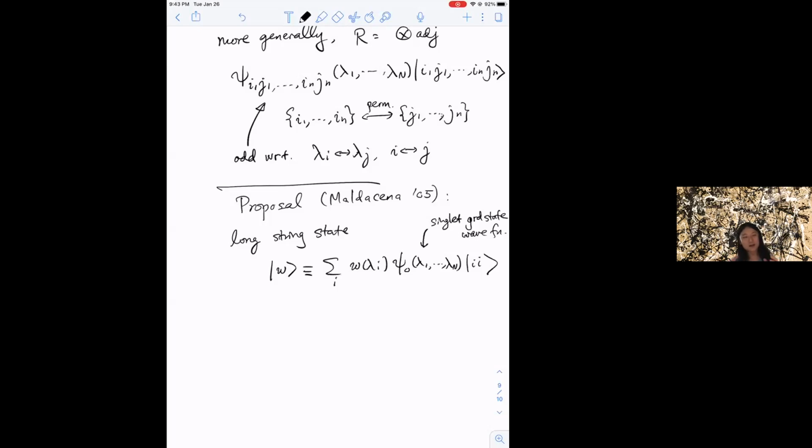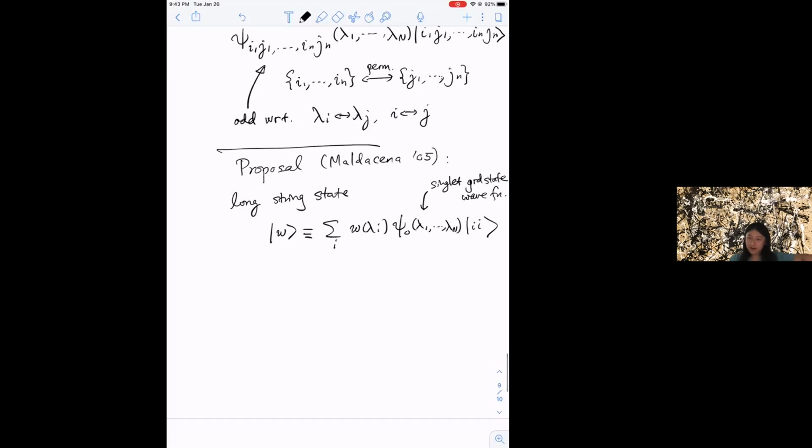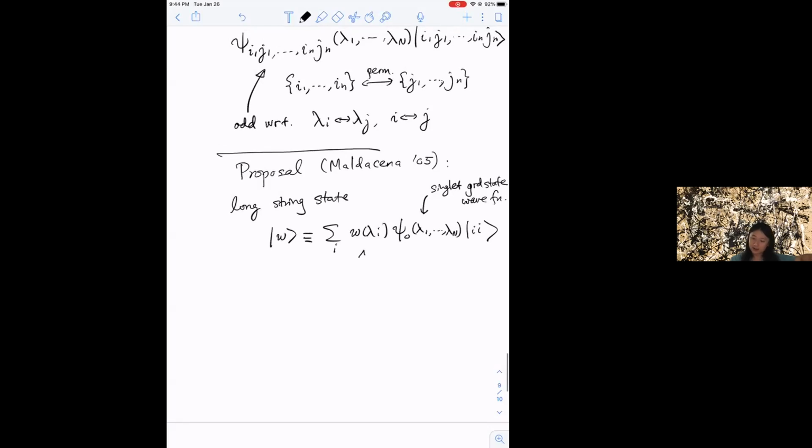I'm just going to take the same wave function, but now multiply it by W(lambda_i) and sum over i. This is a proposal. Let's try to check whether this can be an eigenstate with respect to the quote unquote free part, whatever part of the Hamiltonian dominates in the large density limit. And we're going to try to determine the function. Here, we're going to refer to this W(lambda) as the long string wave function.